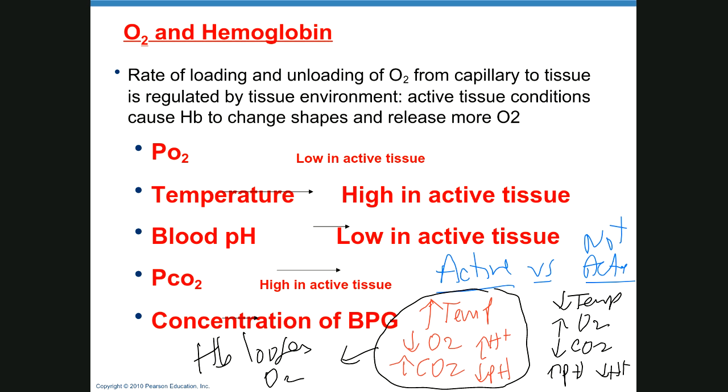So that's how hemoglobin, quote unquote, knows how much oxygen to give up. It has to do with what the environment of the tissue is doing to the hemoglobin as it travels through the capillaries in that tissue. So definitely know these. What is active tissue? What is not active tissue? What are the conditions under which hemoglobin gives up its oxygen?